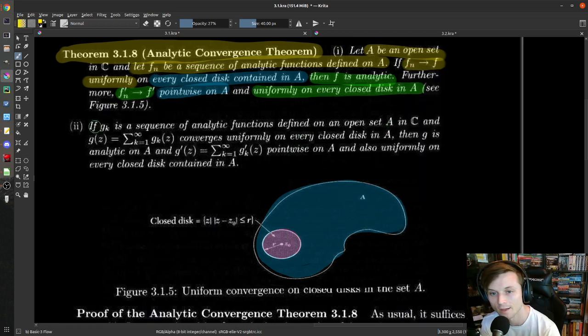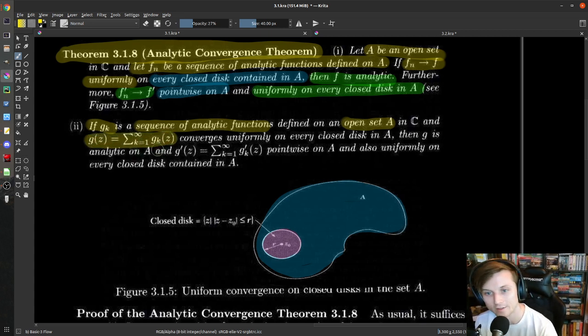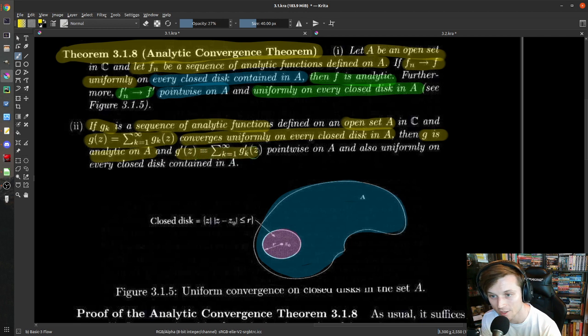All right. So second part of it, if gk is a sequence of analytic functions defined on an open set A, and g(z) is equal to the series defined by these analytic functions, the sum from k equals 1 to infinity of gk(z). If this series converges uniformly to this function g on every closed disk in A, then g is analytic on A, and the derivative of g is given by the series of derivatives of the gk's.